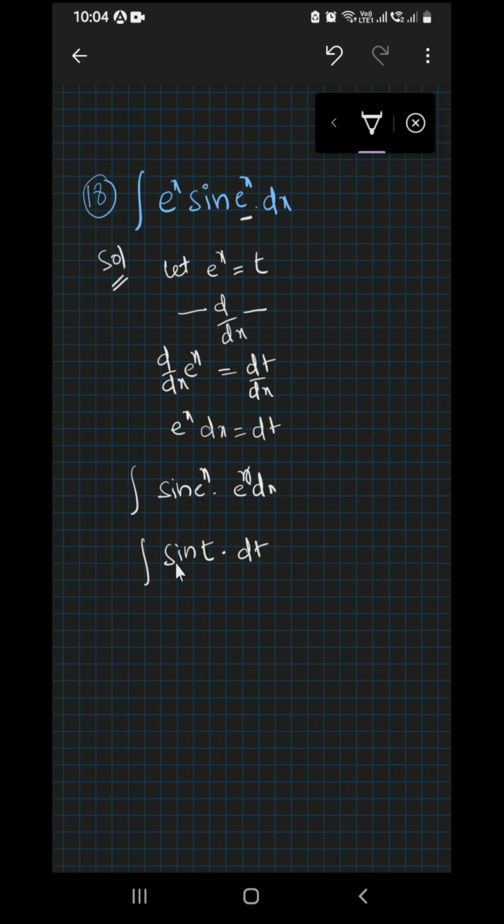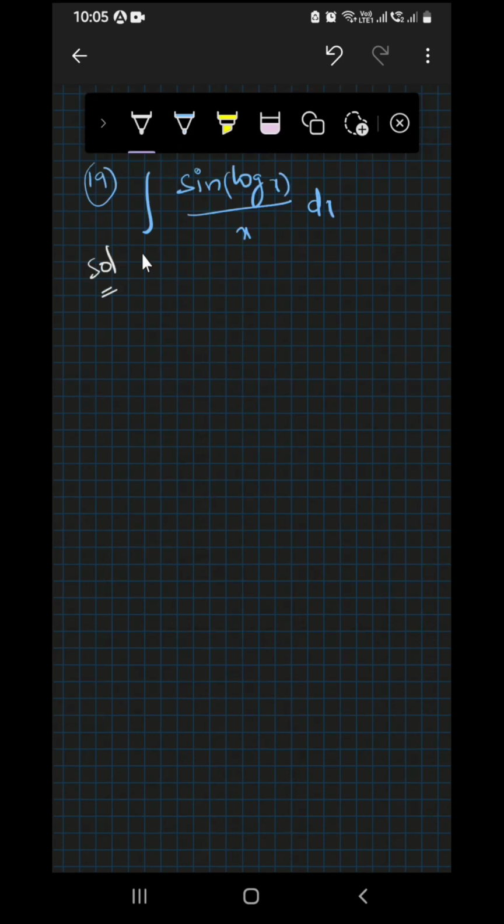So integration of sine t dt is equal to minus cos t plus c. Now minus cos of t is minus cos of e power x plus c, which is the answer for the given problem.